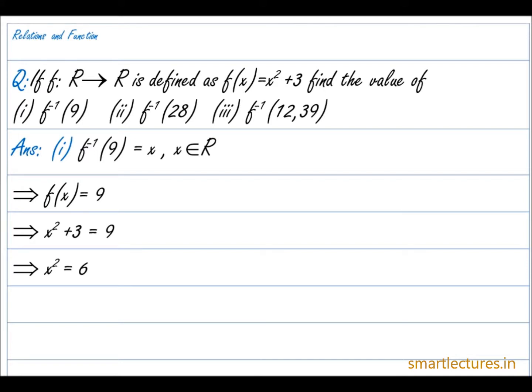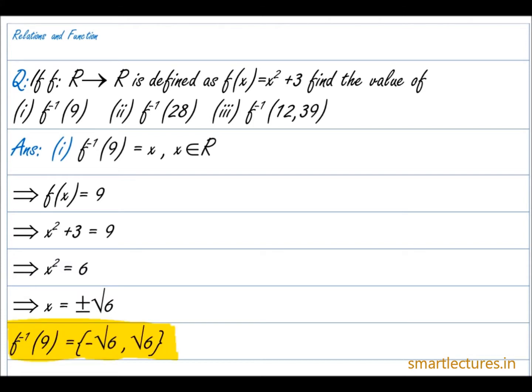Now if x square is equal to 6, then x is equal to plus minus under root 6, which is also a real number. So that means f inverse 9 is equal to the set of minus under root 6 and under root 6.